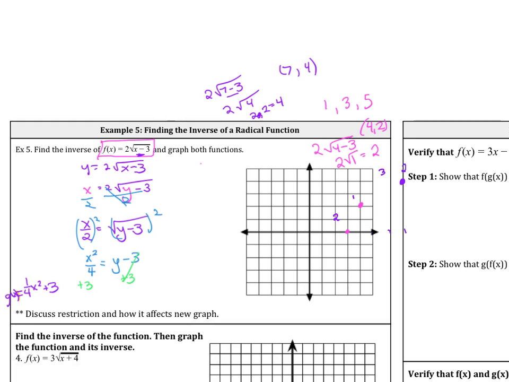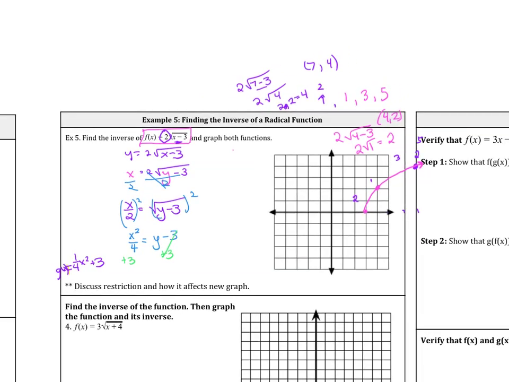Up 2, right 5. So instead of going up 1 for right 1, right 3, right 5, with this vertical stretch we're just going up 2 instead. That's how you graph a vertical stretch, a skill that we need. So that is the graph of f of x, and that's how you stretch it.